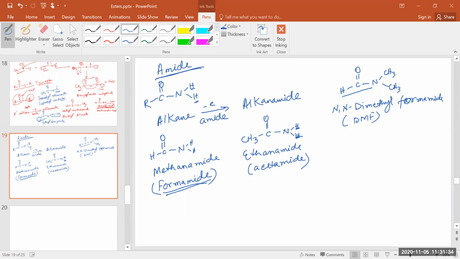Okay, and lastly, I will give you one aromatic example like this one. See here, and suppose CH2CH3. What will be the name of this?